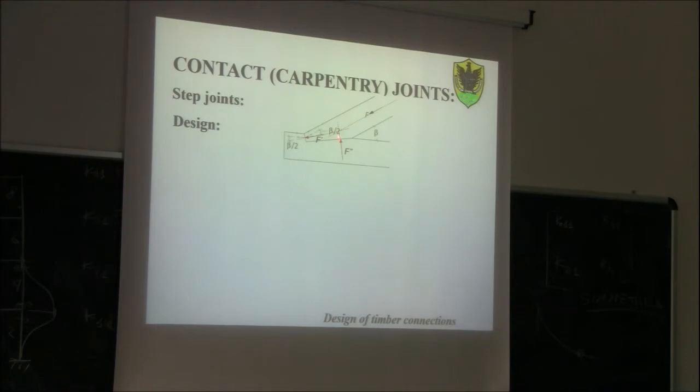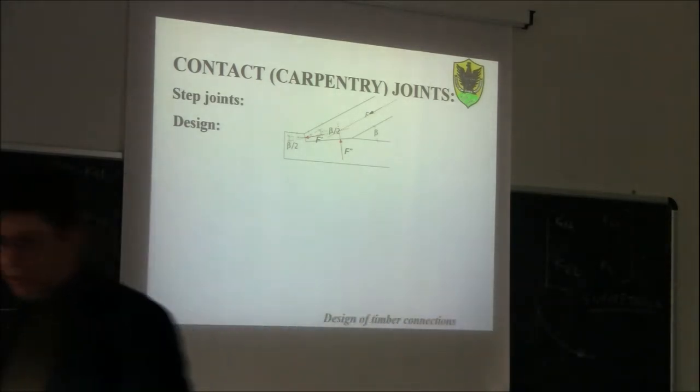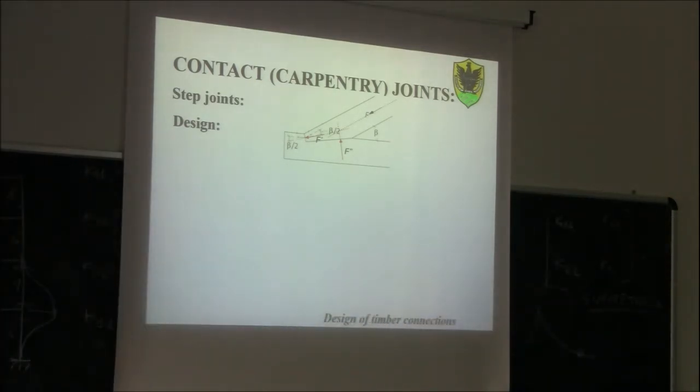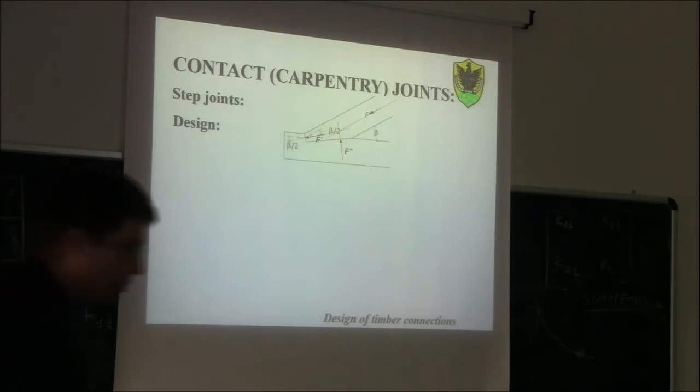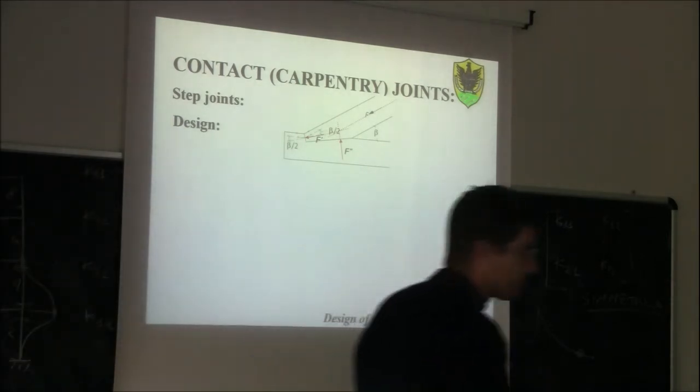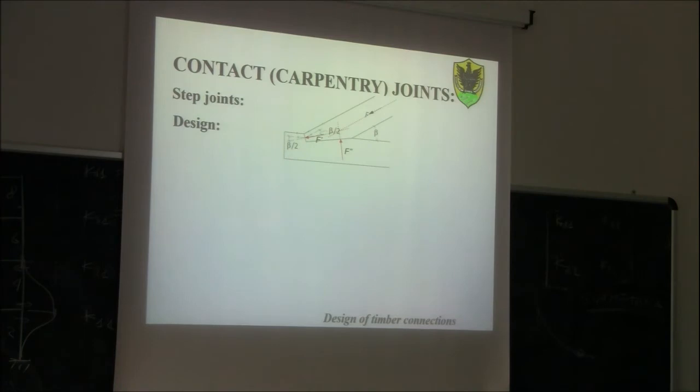This F second here has an eccentricity with respect to the centroid of the cross-section, meaning that in this cross-section you have not only axial compression force, but compression coupled with bending, compression and tension. Okay?